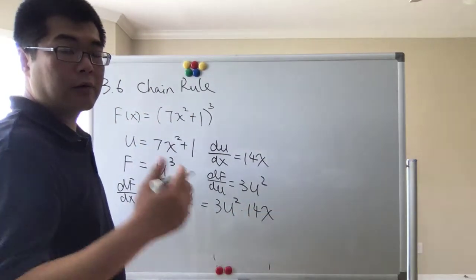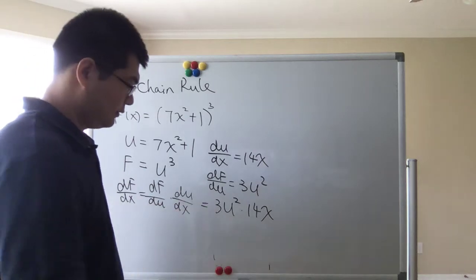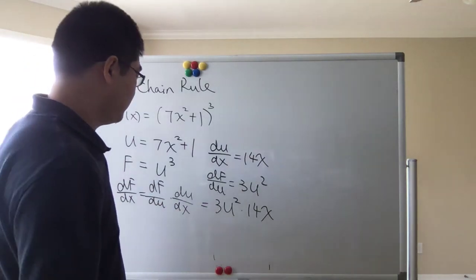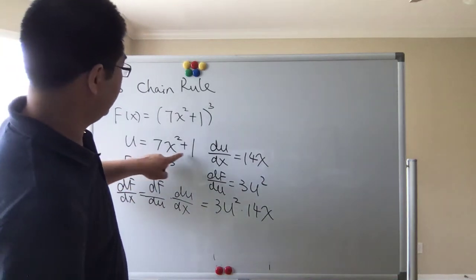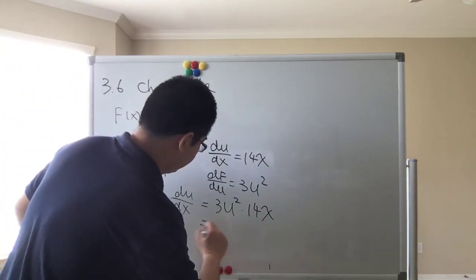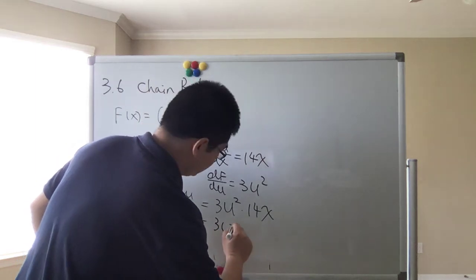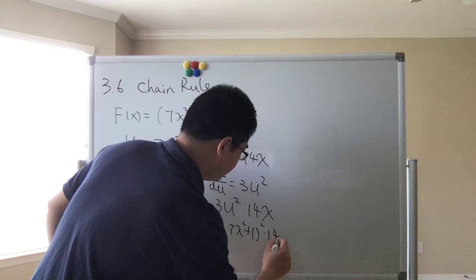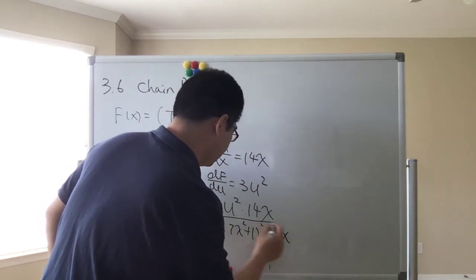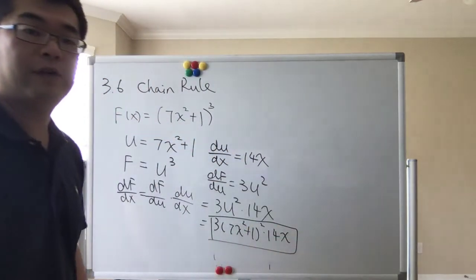Again, our final answer should only contain the variable x. So I substitute u back with 7x squared plus 1, and that gives us 3 times 7x squared plus 1, squared, times 14x, and that is the final answer.